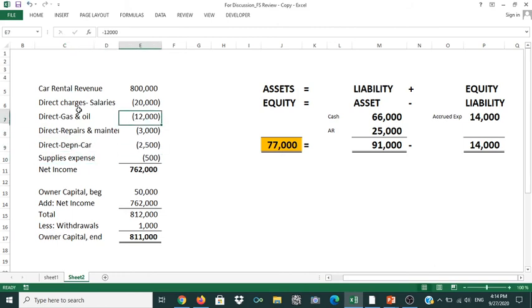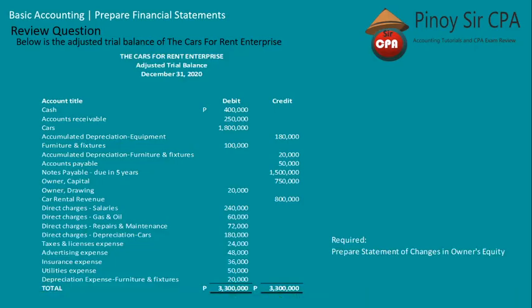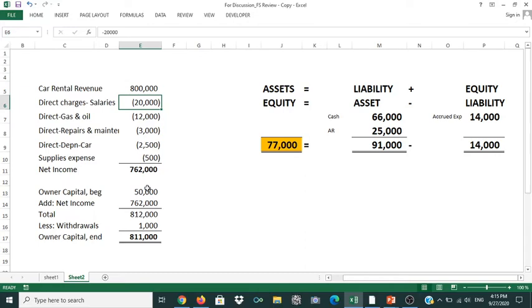Tama? So, a deduction yan. Deduction ng mga yan. So, we have 240, 60, 72, 180. Okay.